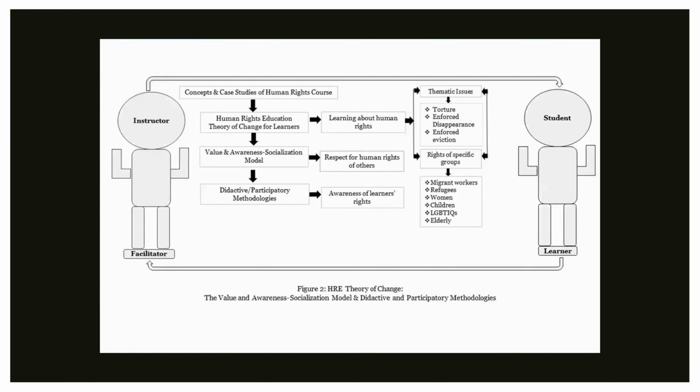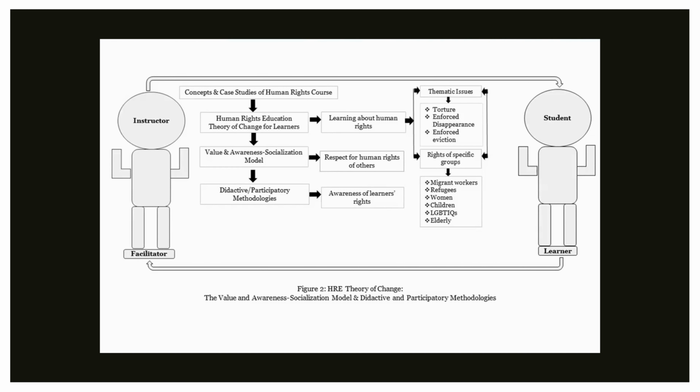Since I struggled a lot, I really thought that I should do research about what they really think. So I tried to apply the human rights education theory of change, of Tibbetts and other researchers, and then apply it to my course, because I really want to know, since 2015 until now, 2022, anything that I can do for students.